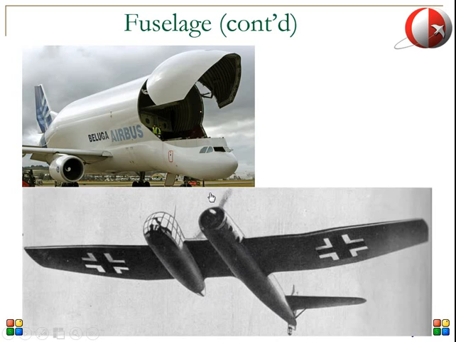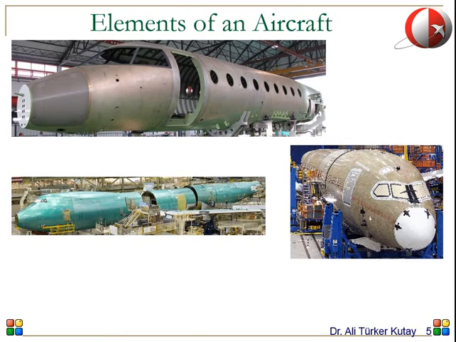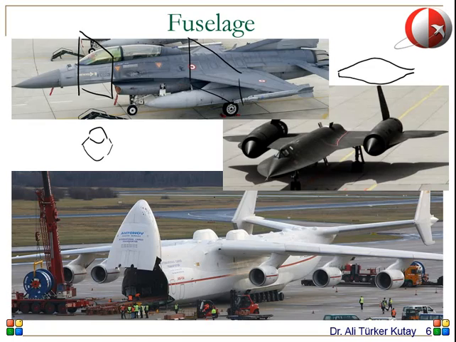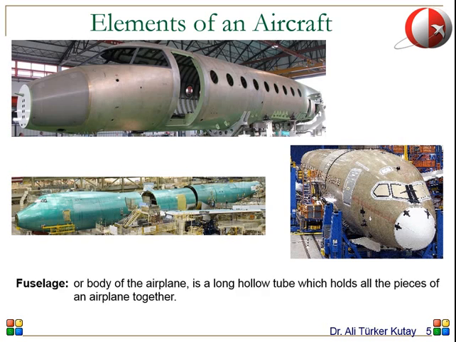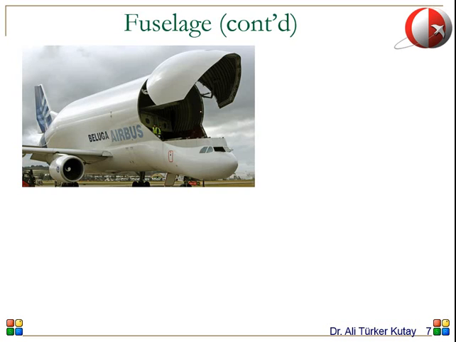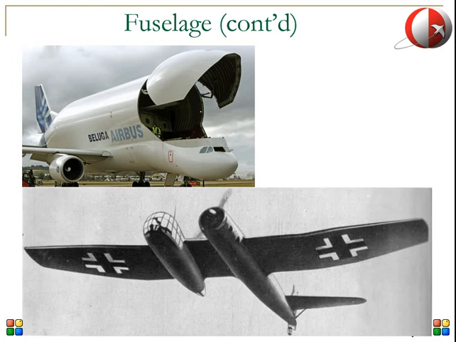And it distracts the pilot's vision. So the pilot will be seeing the propeller rotating in front of him. But this is not the case for this one. So the pilot has a very clear view. They made this glass front here so that the pilot can clearly see what's happening in front of him.